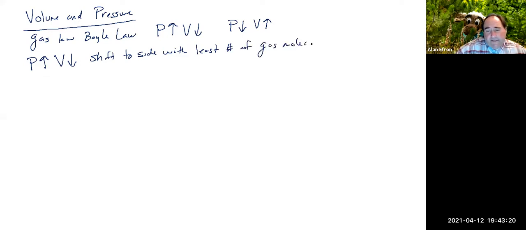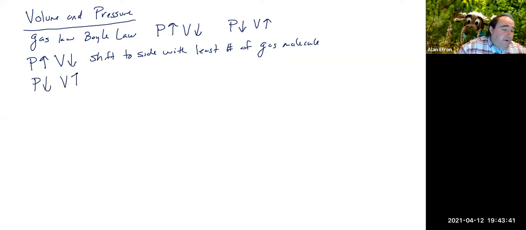That is reaction dependent, but because we shrunk the volume, if we put less gas molecules in that small volume, the pressure should come back down to the equilibrium pressure. The opposite would be true if the pressure started to go down.